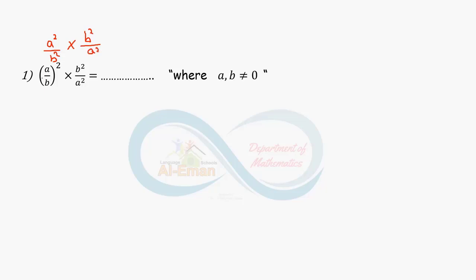This a power 2 will be reduced with this one, and b power 2 also with this one, so our answer here will be 1. Bravo.